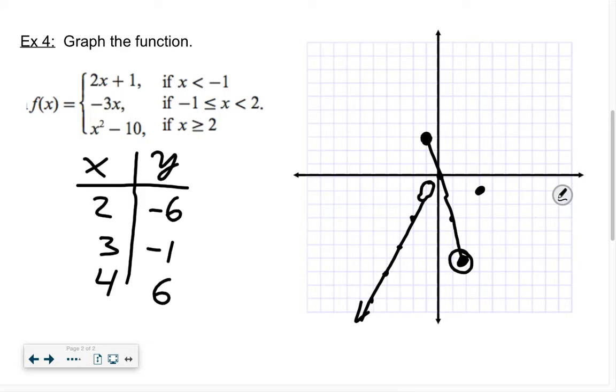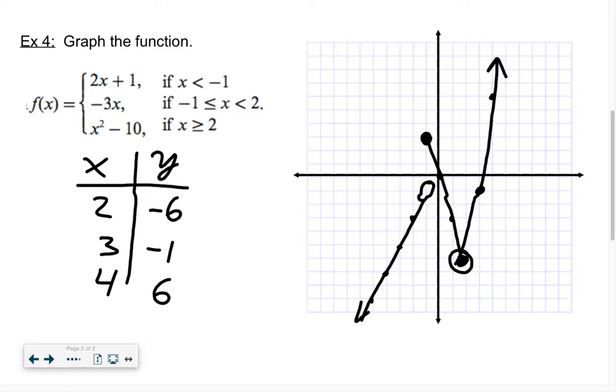And 4, 6. Beautiful, right? Beautiful. Looks like a mess, but that's the piecewise function right there.